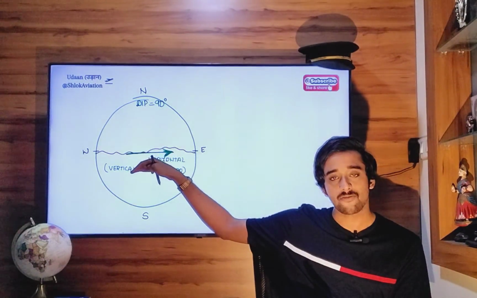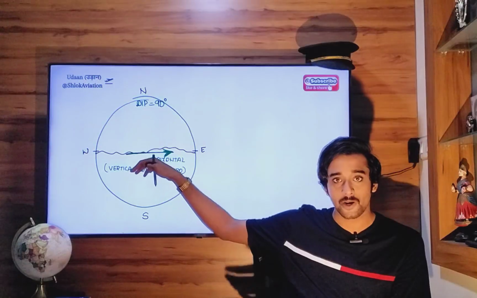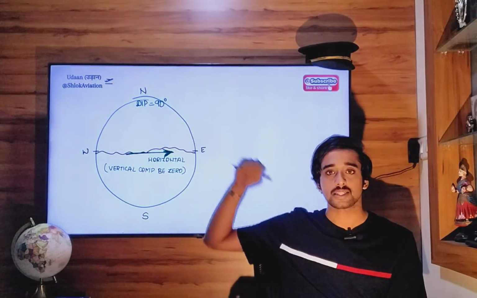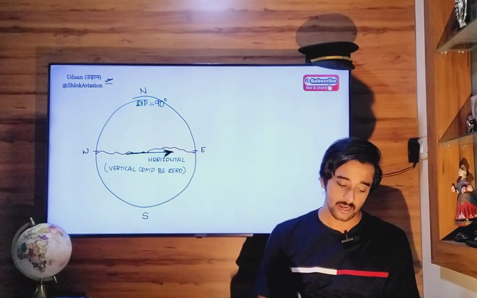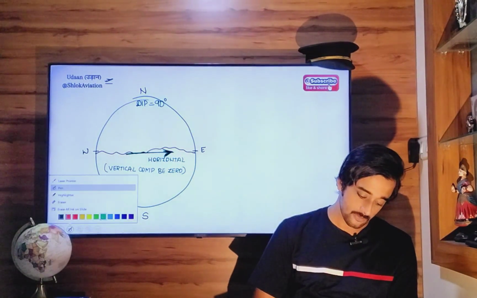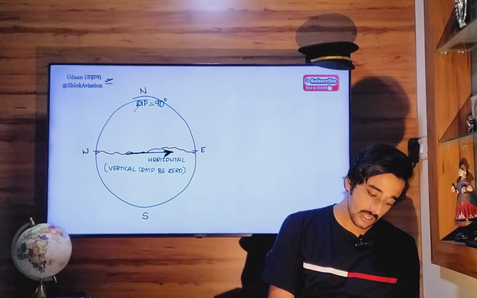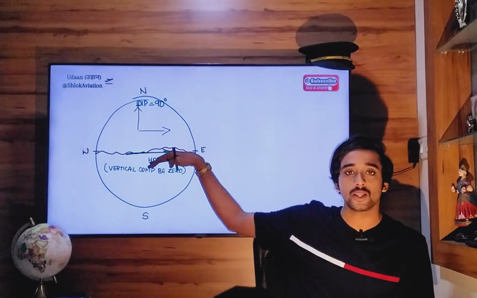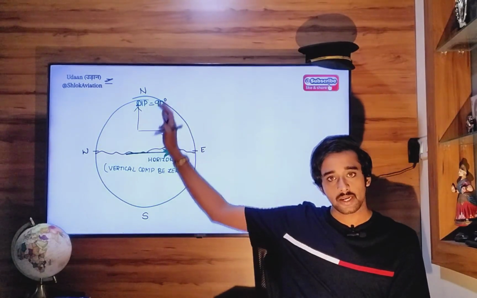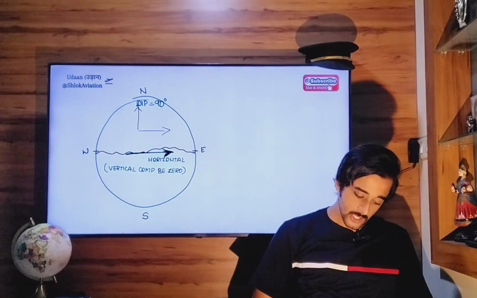At equator we have maximum horizontal component, at poles we will have maximum vertical component, right? So when we reach poles, the dip angle will be 90 degree. So the angle formed between the vertical component and the horizontal component, 90 degree. So that is also important question.